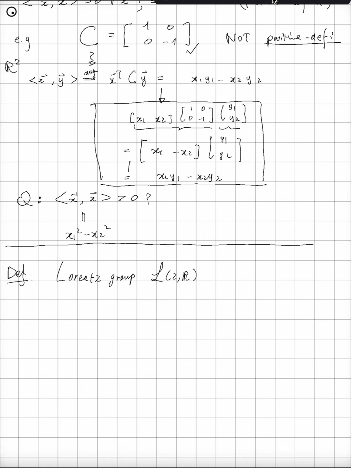This will be denoted by either this or this one. It is described similarly to be those 2 by 2 matrices with real entries such that M transpose C M equals C, where C is that C described here.